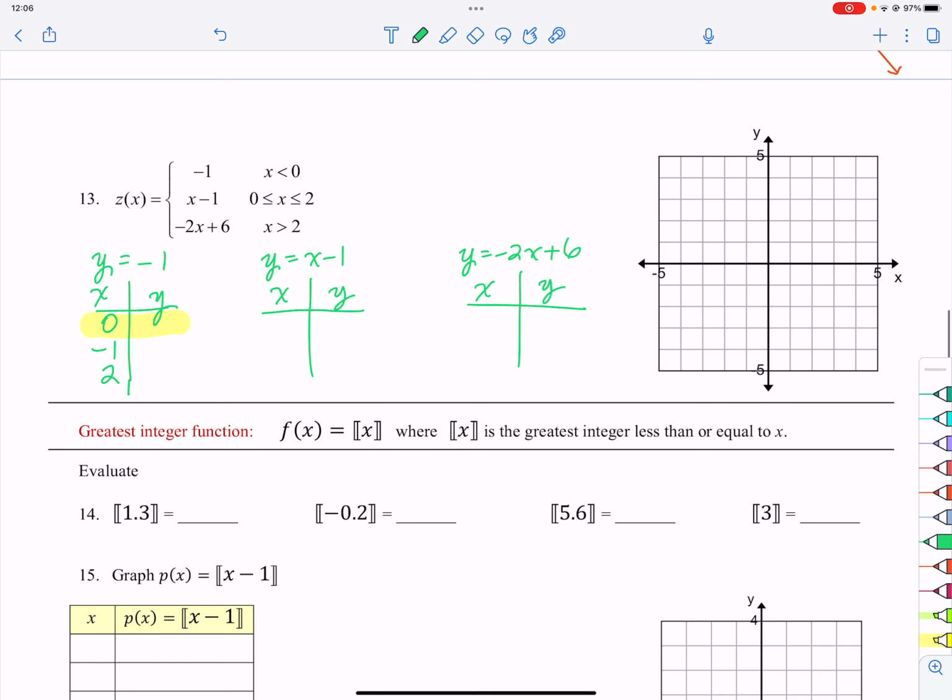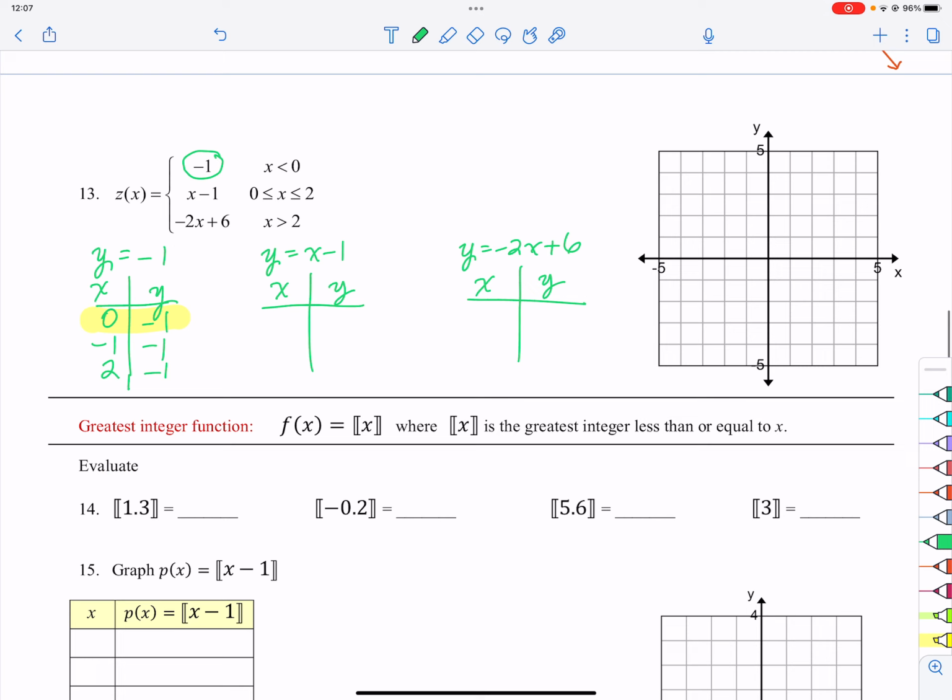And plugging those in, every y value is -1. Y is always -1, okay? Let's look at this next one. Now we have 2 endpoints here. We have a 0. We'll let x be 1, and we have a 2. Now, these are going to be closed at both ends. So I'm going to use a green highlighter.